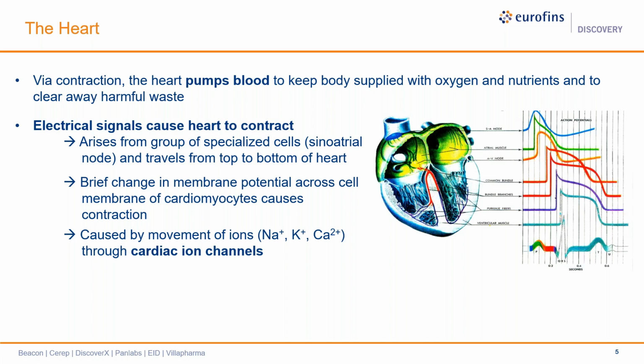These electrical signals arise from a group of specialized cells from the sinoatrial node, and the signal travels from the top of the heart, so from the atria, to the bottom of the heart, to the ventricles. And a brief change in the membrane potential across the cell membrane of the cardiomyocytes causes the contraction.